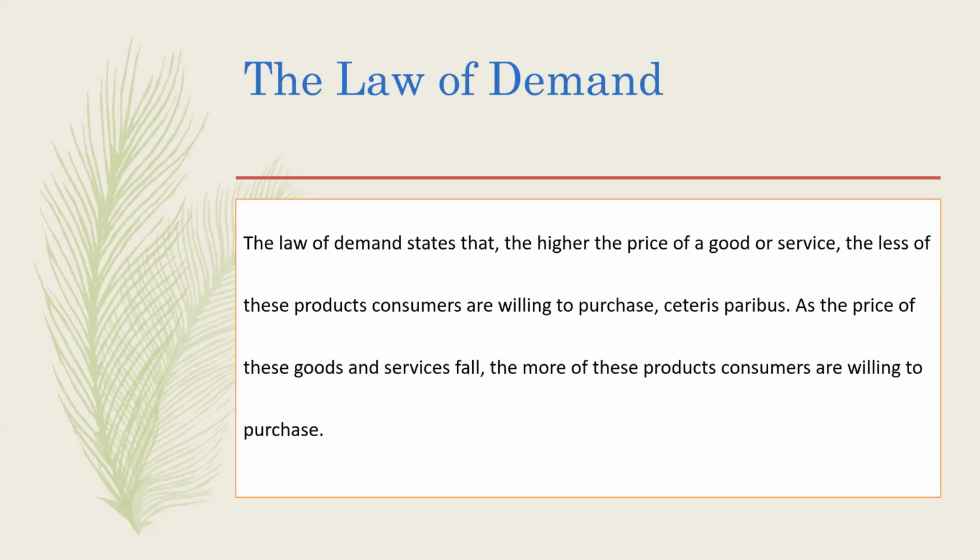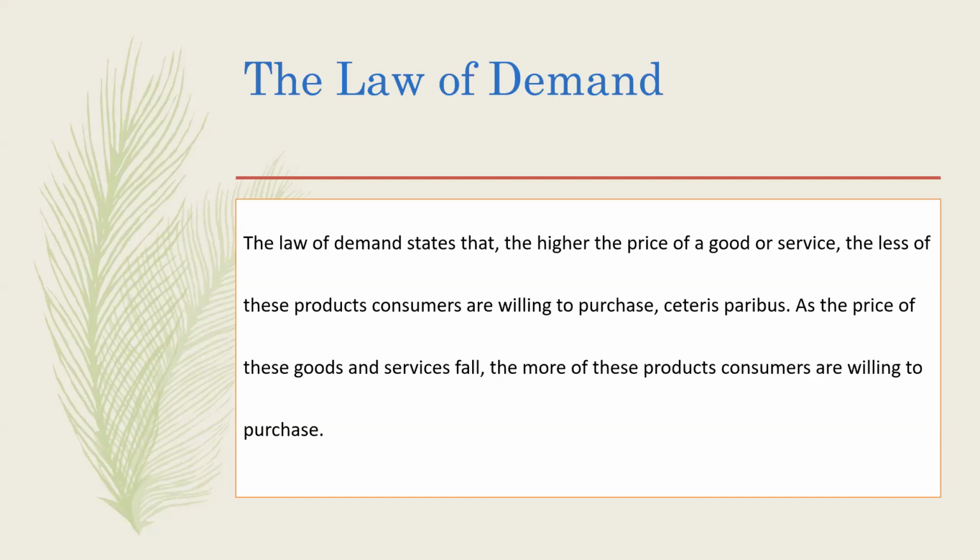We're sticking with just those two scenarios. But as the price of these goods and services falls, the more of these products consumers are willing to purchase. So as the price decreases for a good or service, your brand name sneakers, your brand name clothing, perfumes, colognes, the more you might see consumers willing to purchase it.